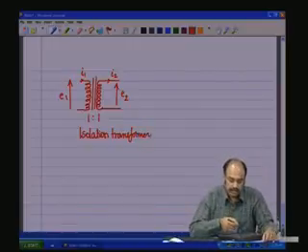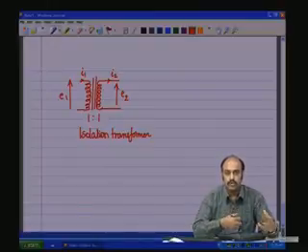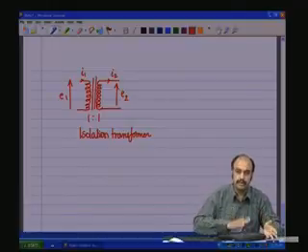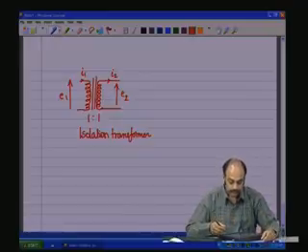Of course, a transformer can be used to perform more than one of these functions, like isolation plus step up, isolation plus step down, and so on.